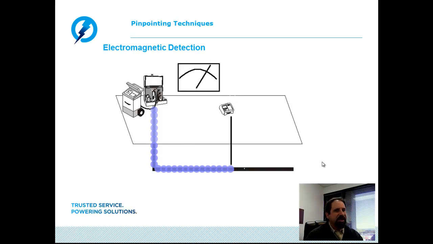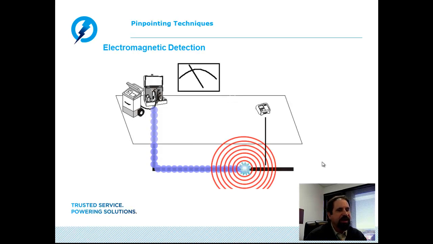Now, another technique is to use an electromagnetic impulse coil or an electromagnetic detection set. Every time the surge generator discharges, it's going to send a traveling wave of energy down the cable. This is going to cause an electromagnetic signal.